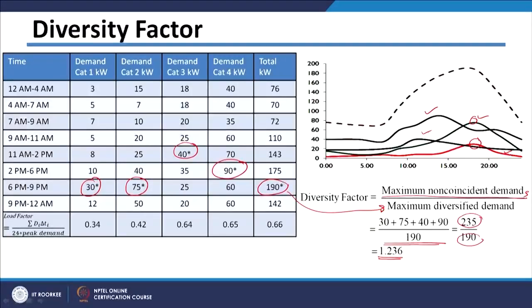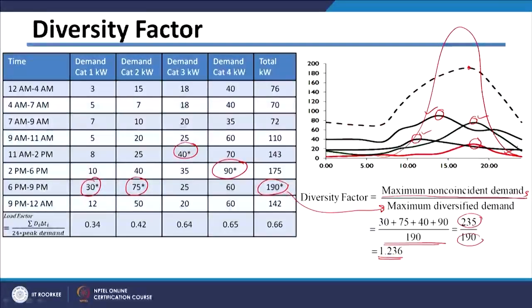This can be easily observed in this particular graph. For 4 different category consumers, you can see that peaks are coming at different times, and because of that the total system peak is coming somewhere here. However, if all these demands come at the same time, your peak may be higher.